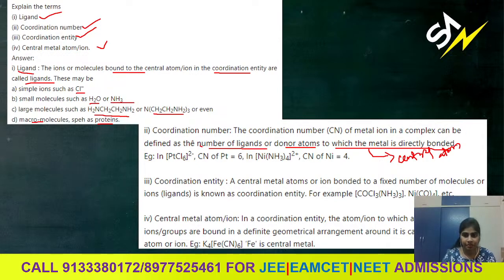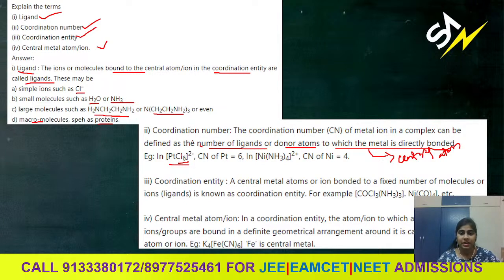For example, if we take a complex PtCl6 minus 2, here this platinum is bonded with 6 chlorine atoms. These chlorines are called ligands.